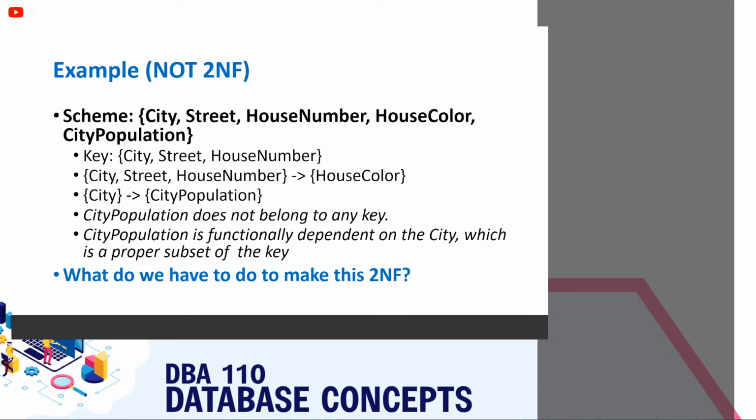And then in our first table, city, street, house number being our key, because that's the unique identifier for the house, having full functional dependency with house color, because the house at that location in that city is a color.